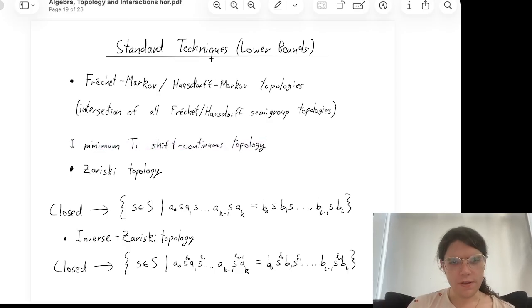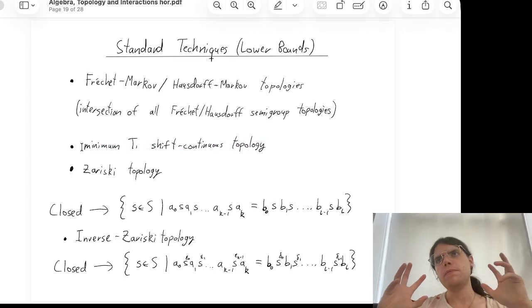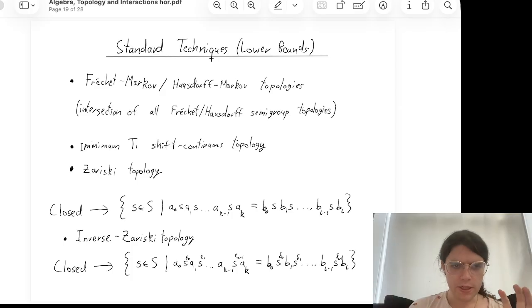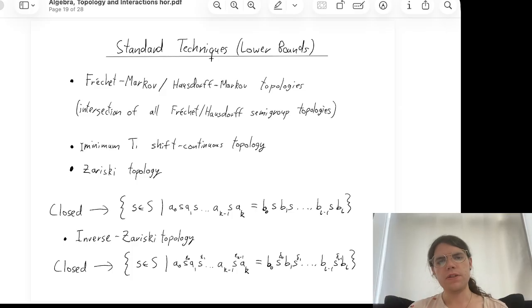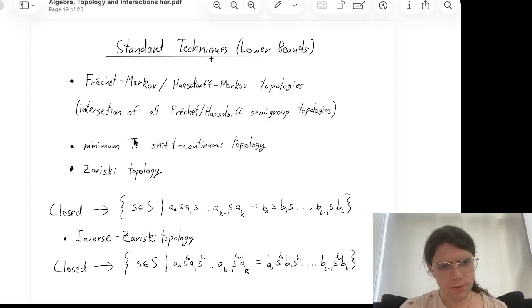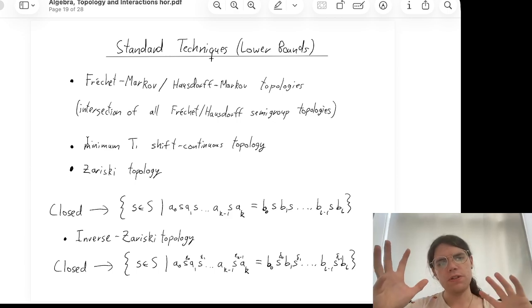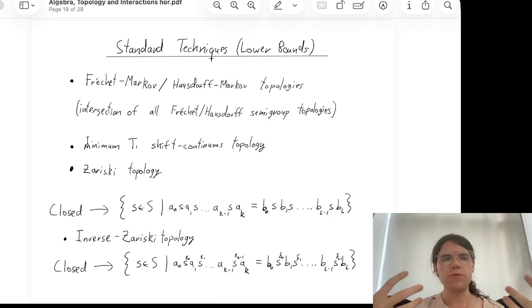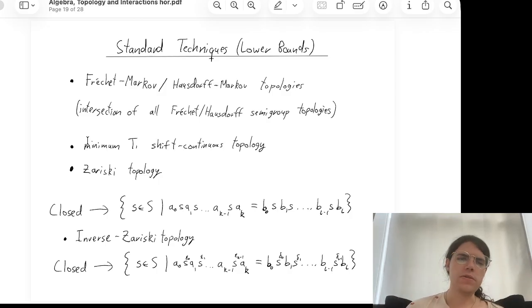Now, why would I say that? Well, because joint continuity doesn't work as well as shift continuity with intersections, and Hausdorffness doesn't work as well with intersections as T1ness. If I have some Hausdorff topologies on a set, it's not true that their intersection has to be Hausdorff. And if I have some semigroup topologies on a semigroup, it's not true that their intersection has to be a semigroup topology.